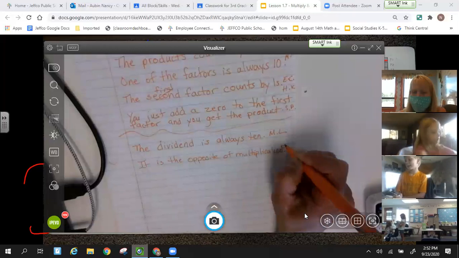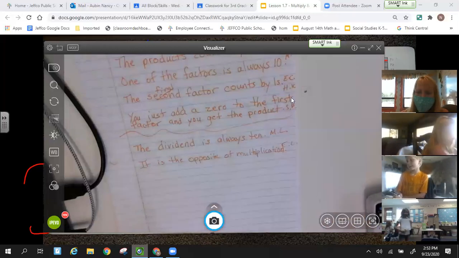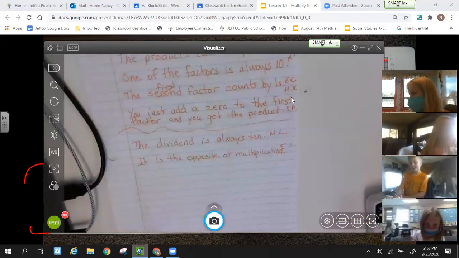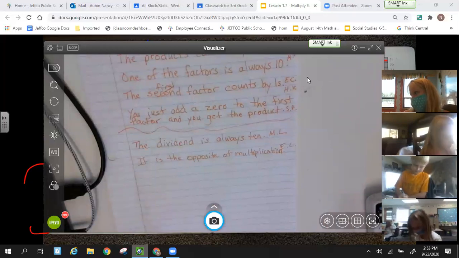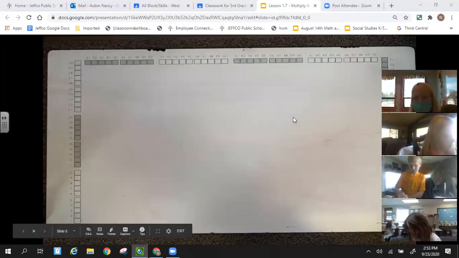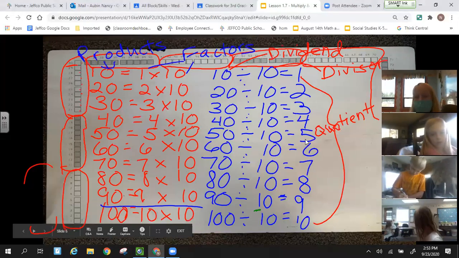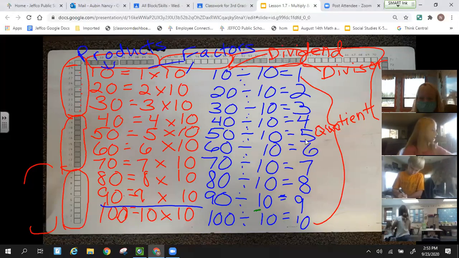Abby. I noticed that the division went through 1 through 10. Okay, so can we look at maybe the numbers you're looking at? You mean the quotient? Yeah, it went from 1, 2, 3, 4, 5, 6, 7, 8, 9, 10.